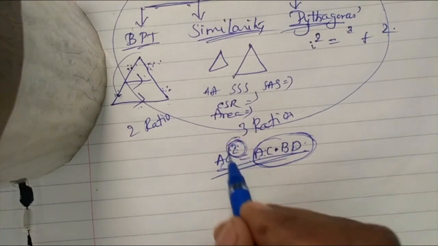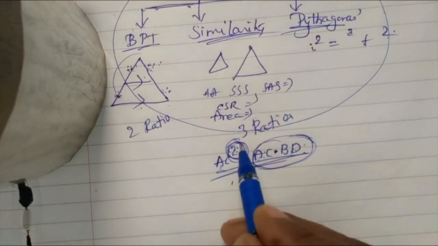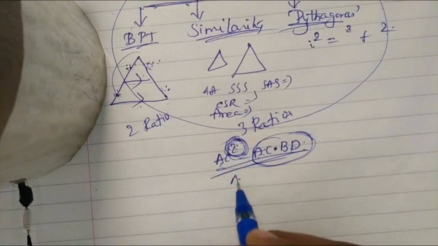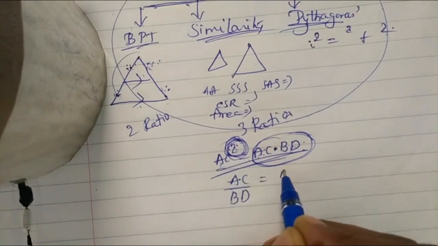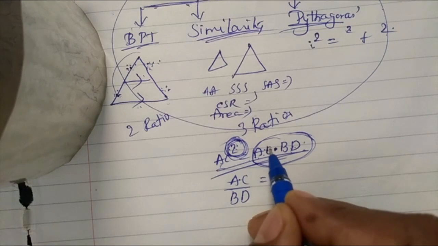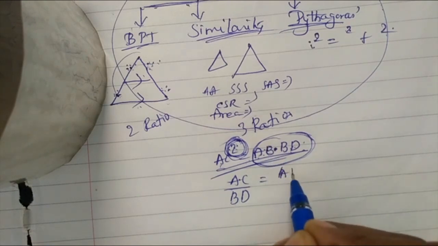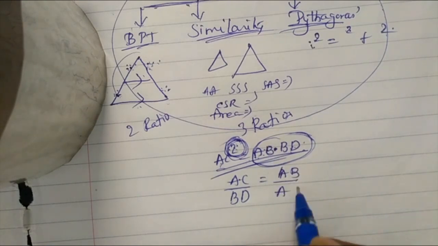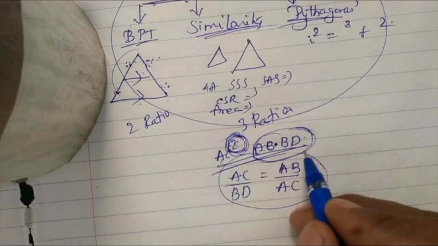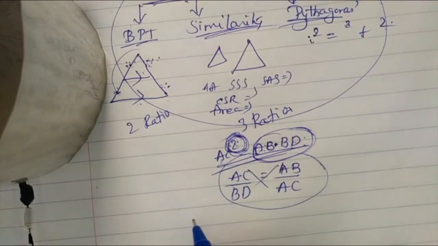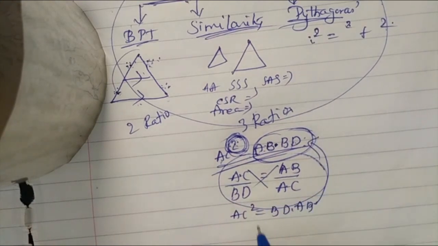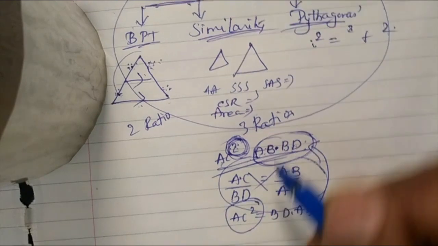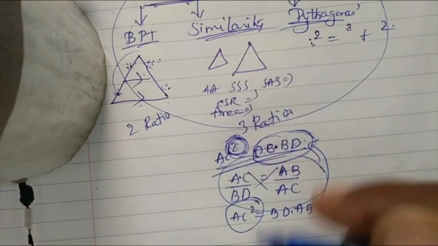Because then how did you get this square? If it is not Pythagoras theorem, how did you get this? I'll show you. Look, AC by BD is equal to, let it be, AB by AC. If you write the ratios like this, we go for cross multiplication: AC into AC, AC square is equal to BD into AB. This result we obtain. So by seeing this single square, don't judge that the problem is Pythagoras theorem.